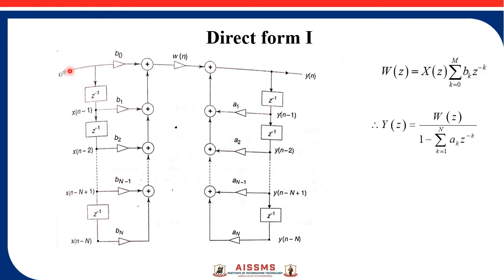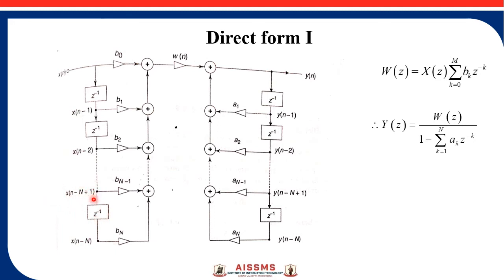So this is x of n. Then when the input signal x of n passes through the first delay component, you get x of n minus 1. When it passes through the second delay component, you will get x of n minus 2 and so on, as it passes through up to x of n minus N plus 1.